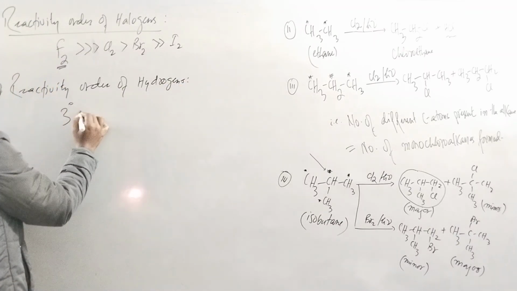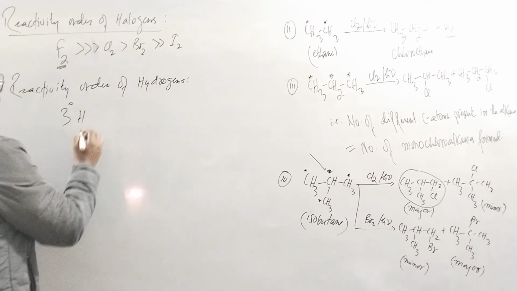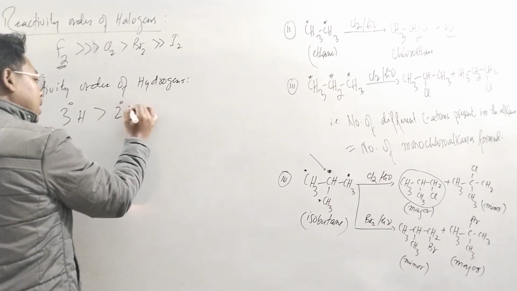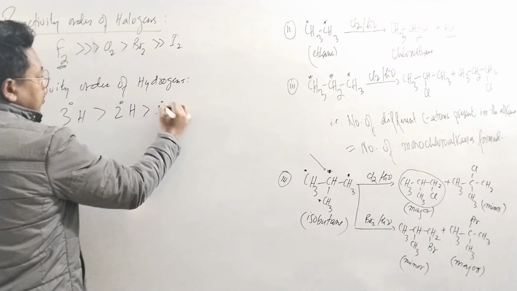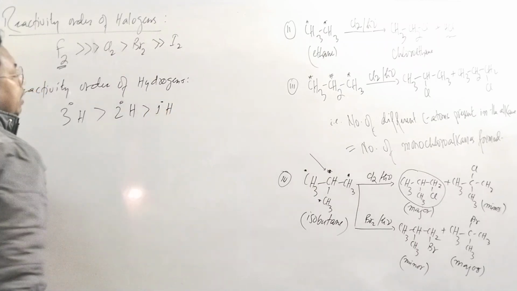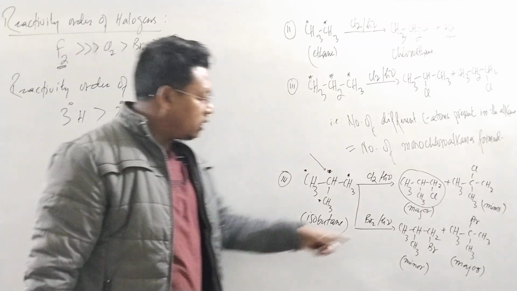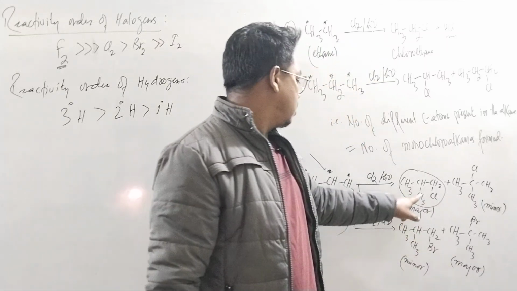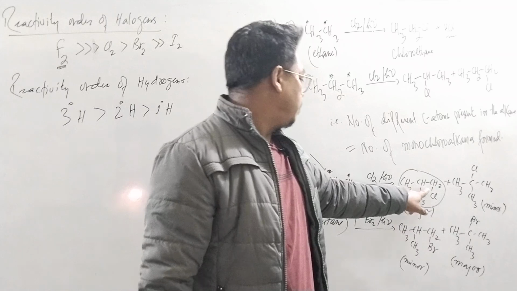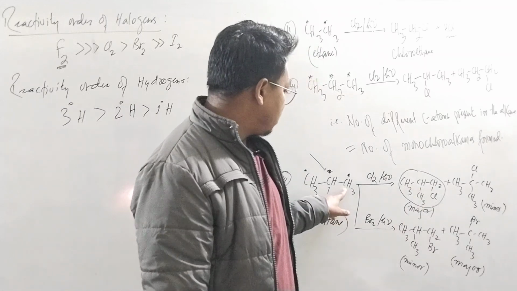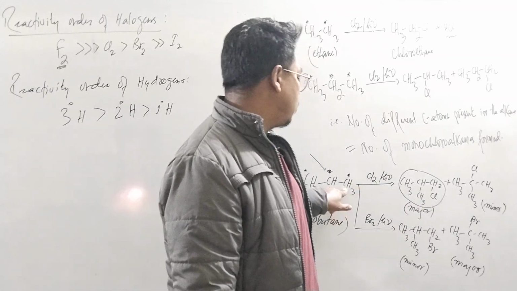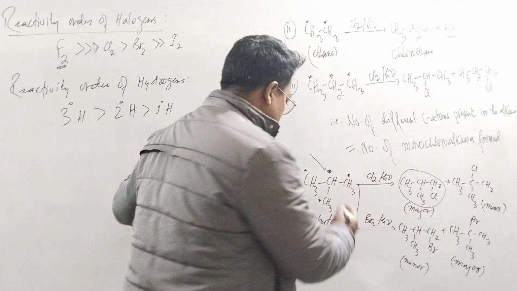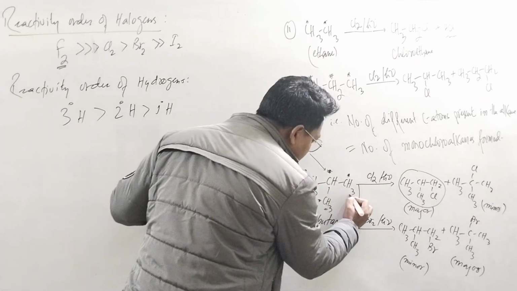So tertiary hydrogen, 3 degree means tertiary hydrogen, is more reactive than secondary hydrogen, is more reactive than primary hydrogen. You can note down this reactivity order. Actually this major product here in chlorination is the product which is obtained by substituting hydrogen from the primary carbon atoms. Here larger number of hydrogen atoms are present.